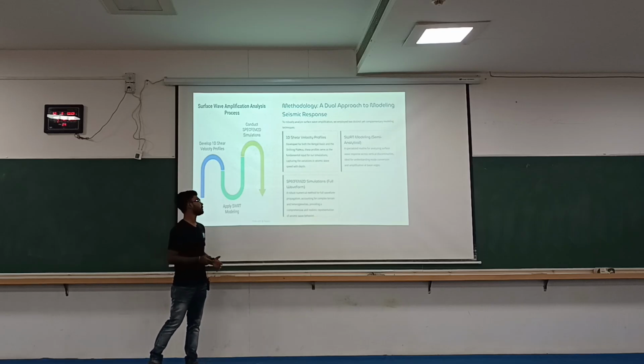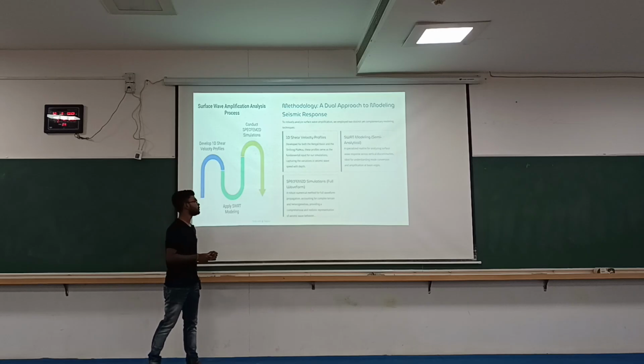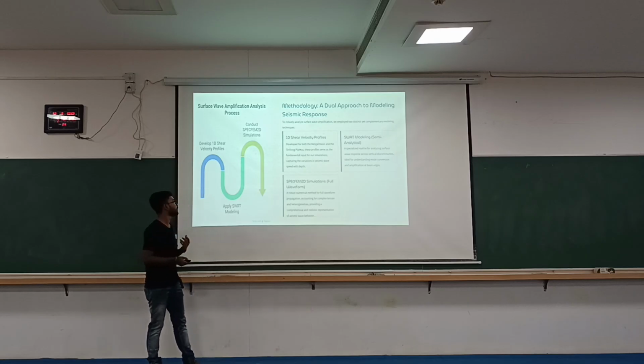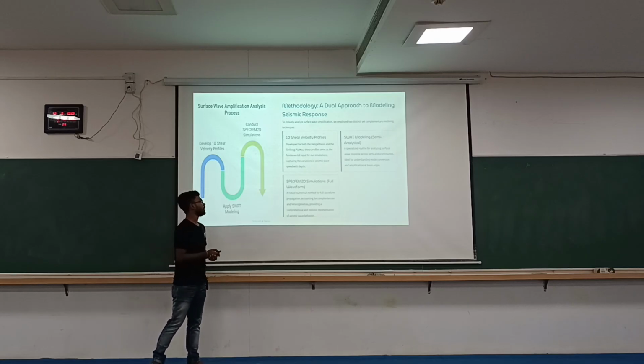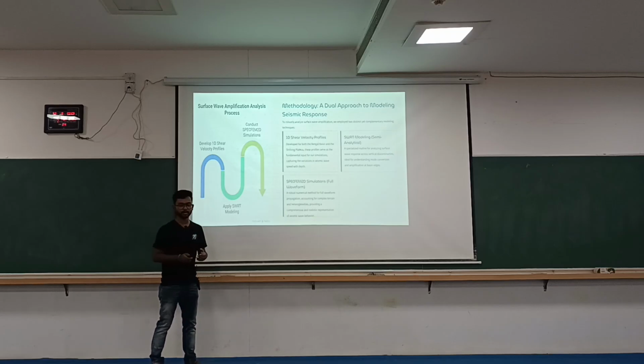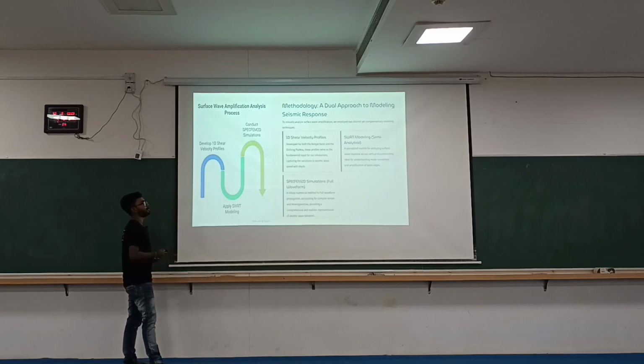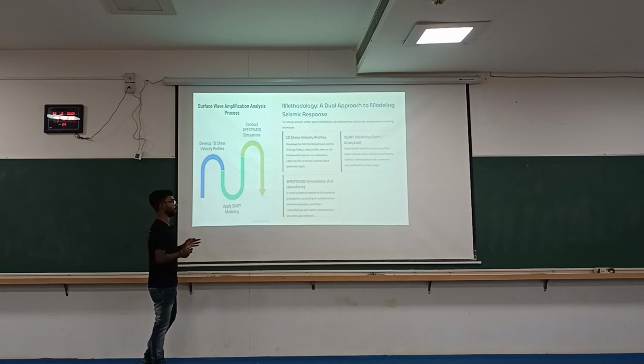We use those 1D velocity model data and some mathematical tools like Green's function, and use some computational knowledge to model and predict whether there will be an amplification or not. For this, we have used the HWRT model, which is developed by my supervisor.